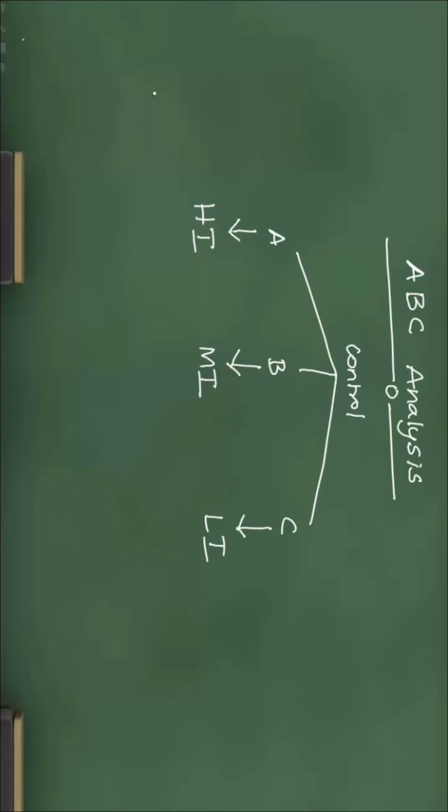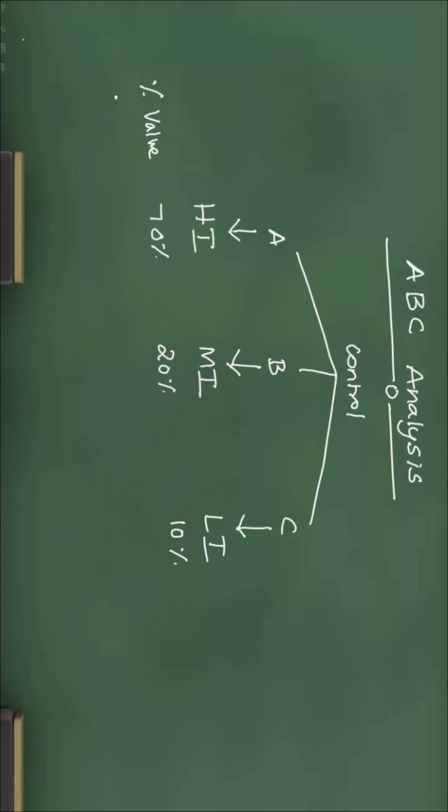So if you see the value of the materials in percentage, let's say the highly important material constitutes 70% in value, and moderately important materials constitute 20% in value, and least important material constitutes 10% in value.